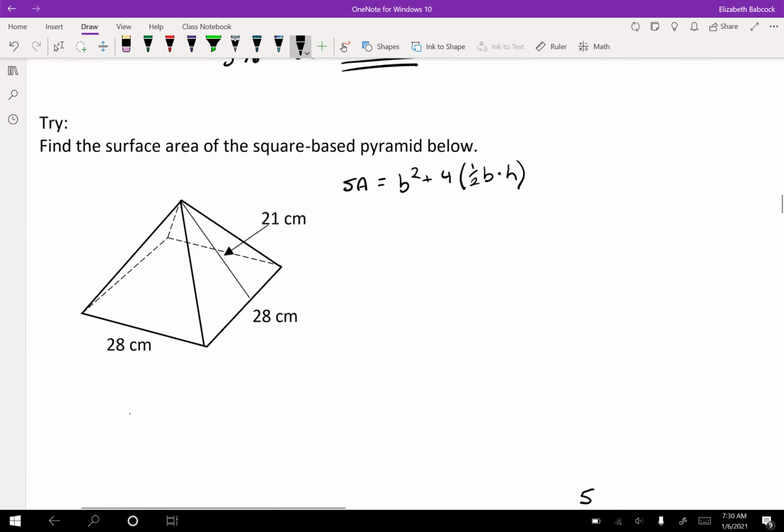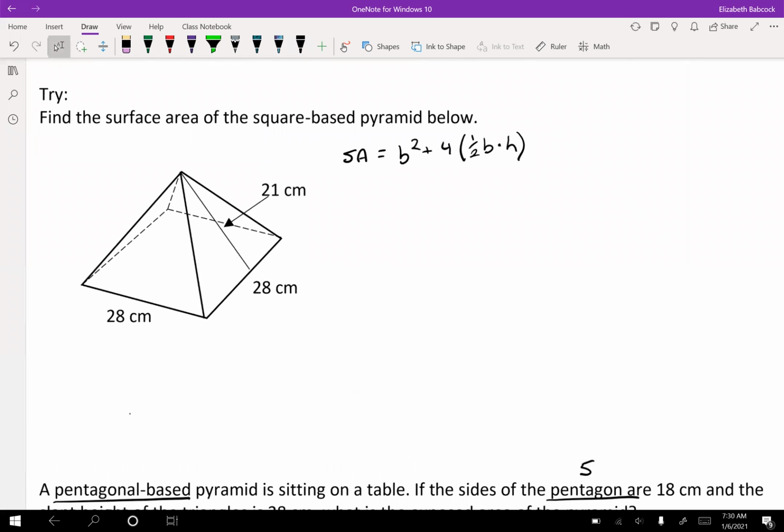Okay. Then you have this one here where you're given a diagram instead of an explanation. And what I've done is I have written the formula so that it's all one formula as opposed to it being separated. You can do it separated. Just remember to do that final step of adding them together at the end.